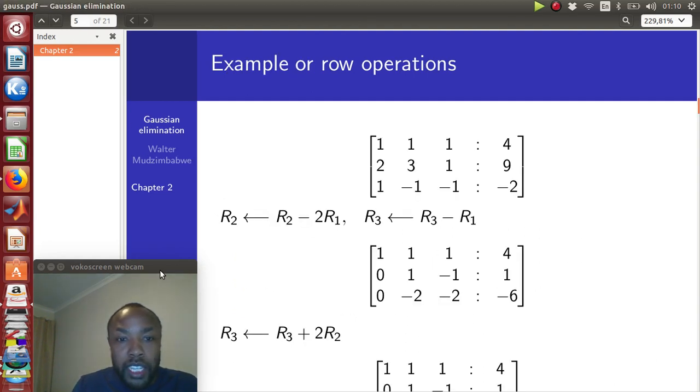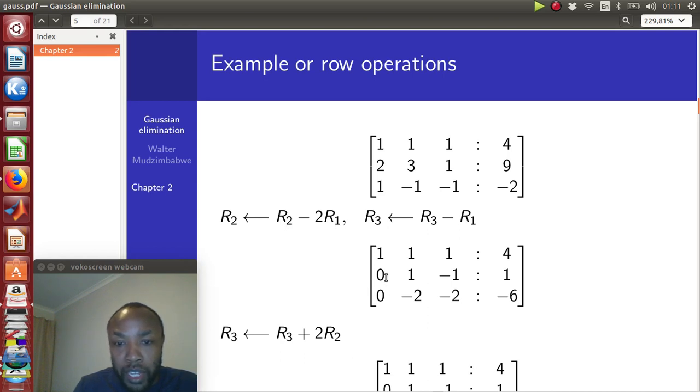Now let us see a few here through this example. Now we're looking again at that augmented system. We are going to change row 2 to row 2 minus 2 times row 1. We're also going to change row 3 to row 3, the original, minus row 1. Okay, so as you can see, these two operations are all valid row operations. Now we have said that row 2 is going to be row 2 minus 2 times row 1.